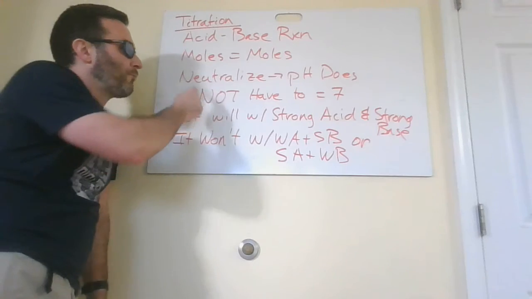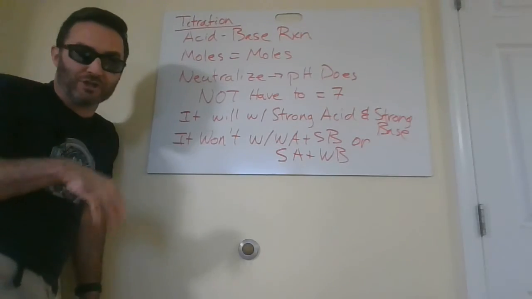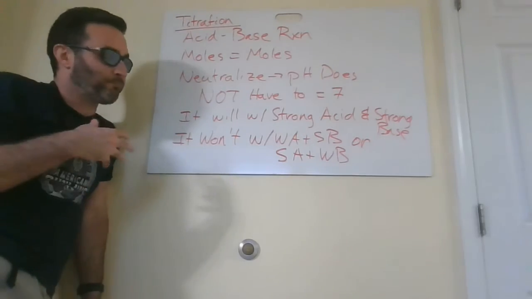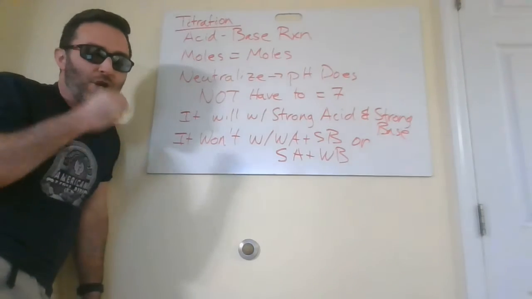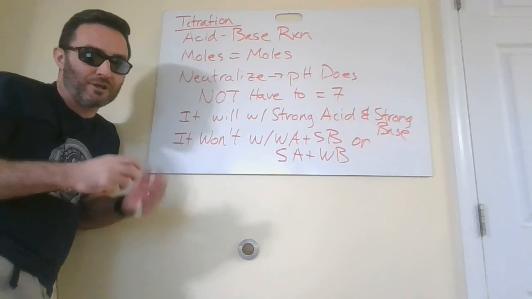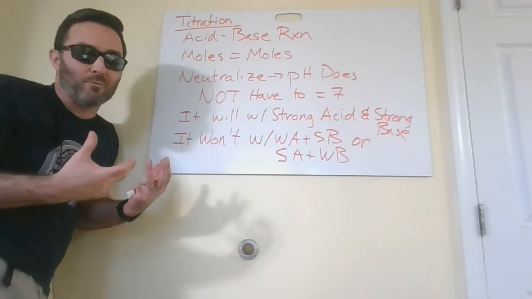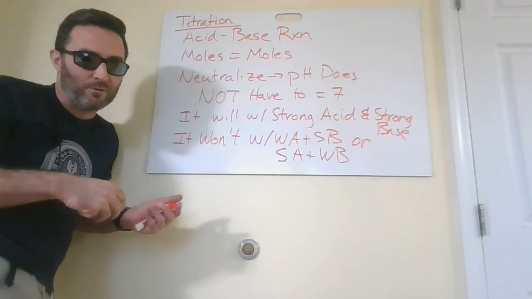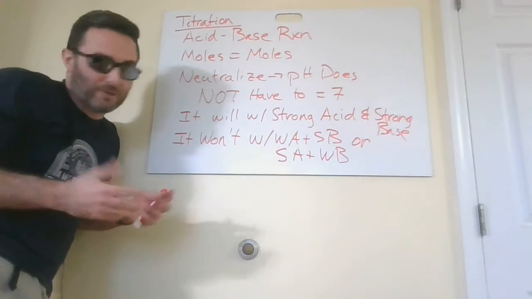So don't get fooled when it says you do a titration and you neutralize. It's not always neutral pH 7. Neutralize just means moles of acid have knocked out moles of base, or moles of base have knocked out moles of acid. So just get used to that term.